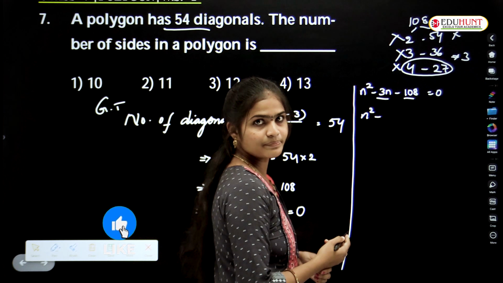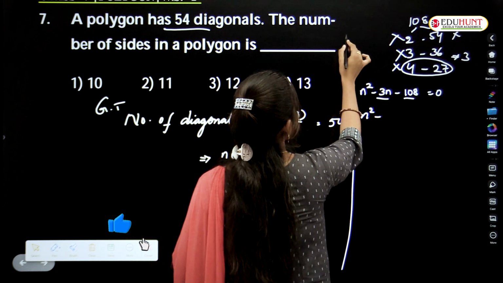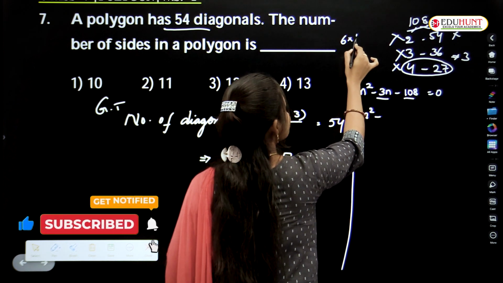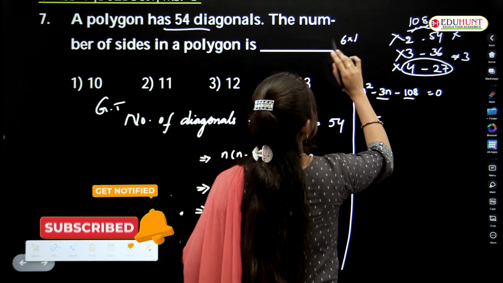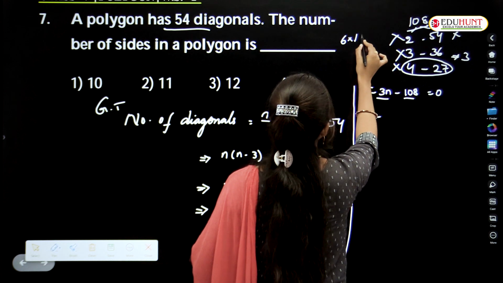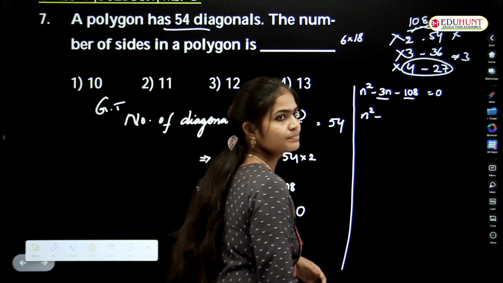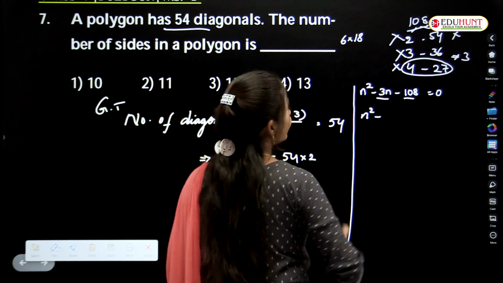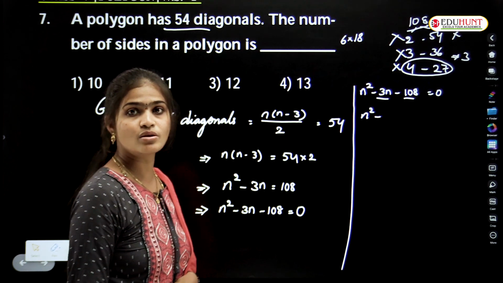Take 6. Is it possible? 6 into how much is equal to 108? 6 ones are 6 and here 48, 6 eights are 48. Is it clear? So 6 and 18, its difference is not equal to 3.